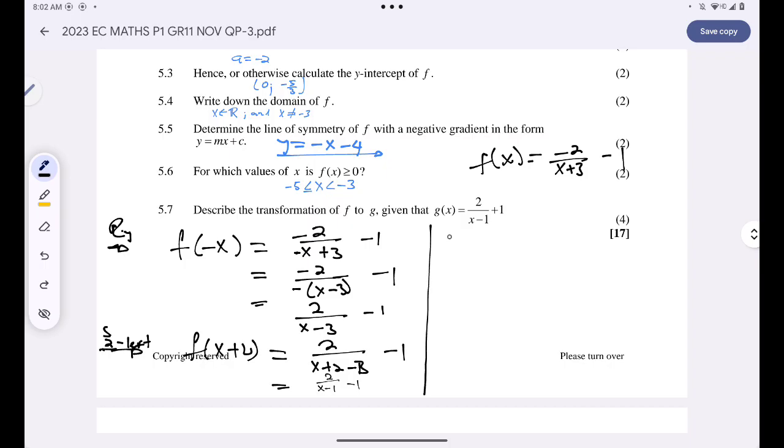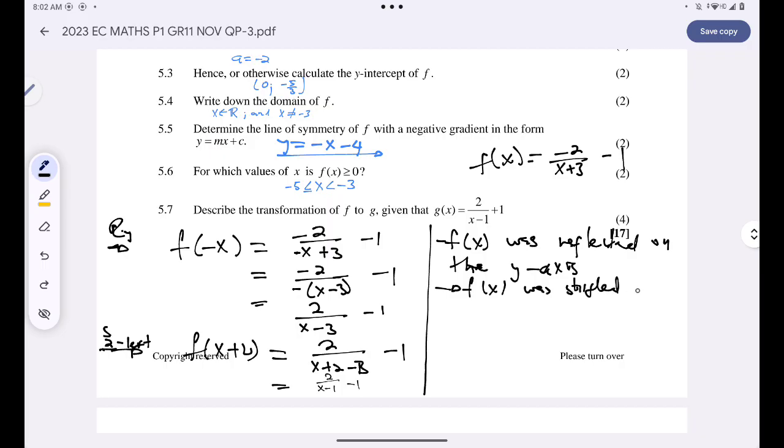Firstly, f of x was reflected on the y-axis, and then secondly, the graph of f of x was shifted 2 units to the left and 2 units upwards.